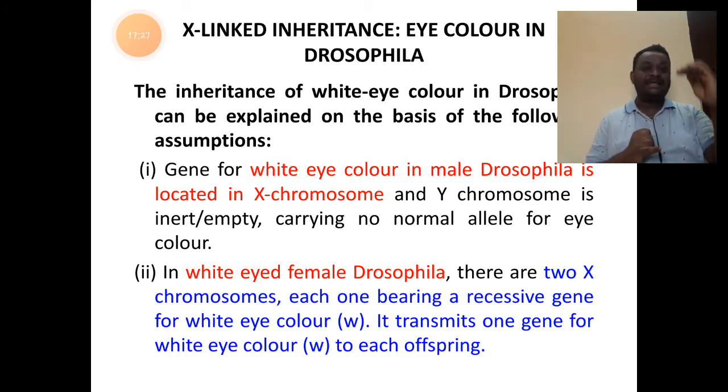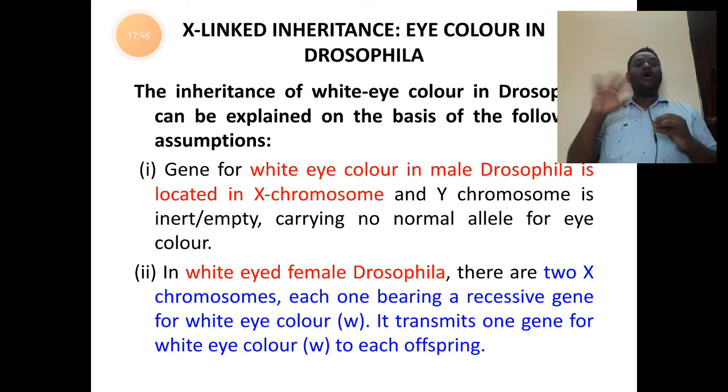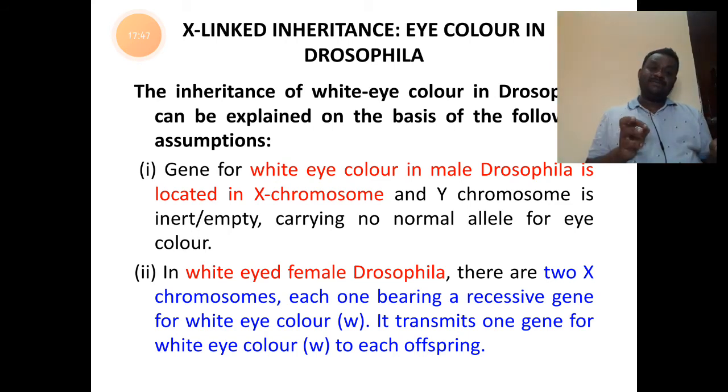It is in recessive form. Because of the recessive nature, only those females in which both X chromosomes carried this recessive gene were showing the white-eyed condition. When one had the dominant gene and the other had the recessive gene, such females showed the red-eyed condition.